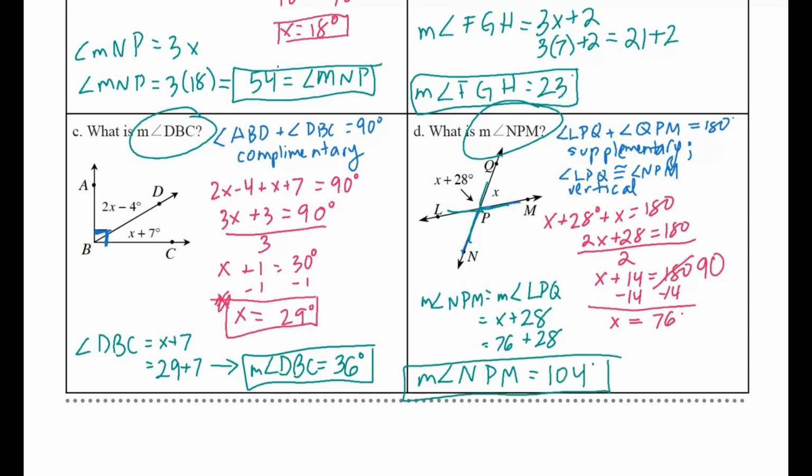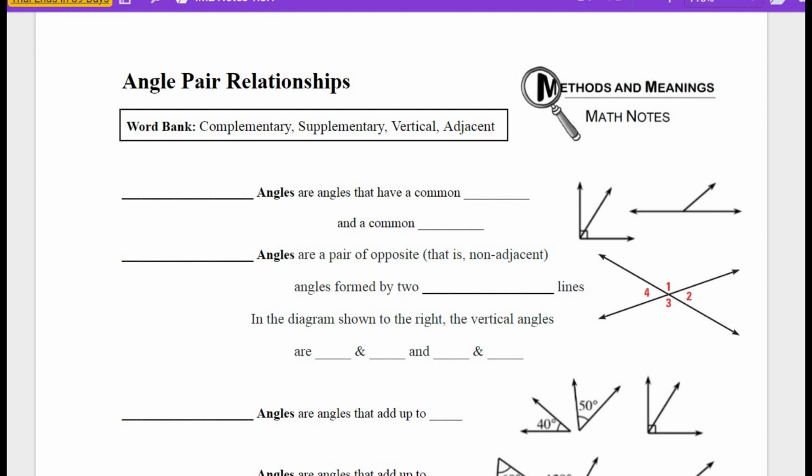Done. Moving on, we have notes on angle pair relationships. Adjacent angles, and those are angles that have a common vertex and a common side.